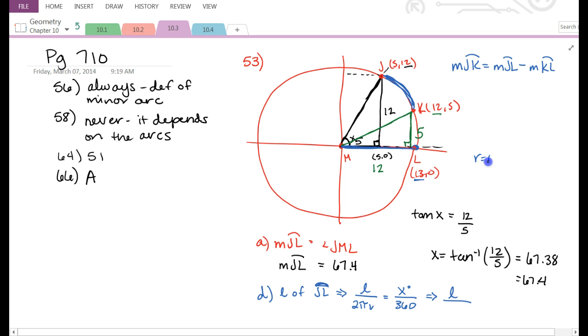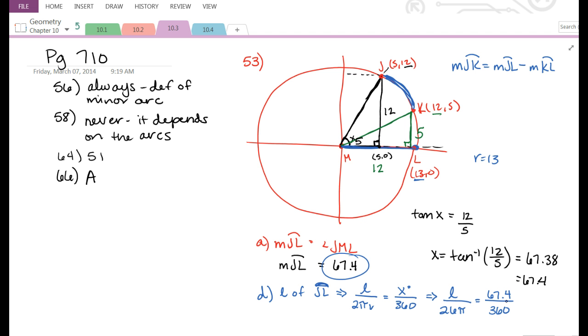So my radius is 13, so my circumference is 26 pi, is equal to the degree measure of JL. Well, the degree measure is the same as the arc measure, 67.4 over 360. Cross multiply, solve for L. That's how you get D. Same thing for E. Okay, so that's 53.